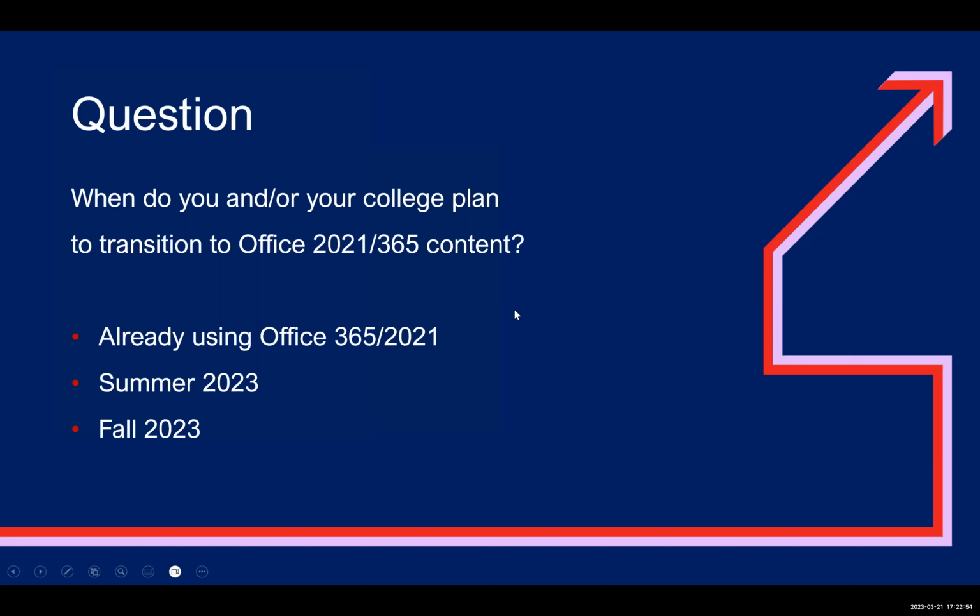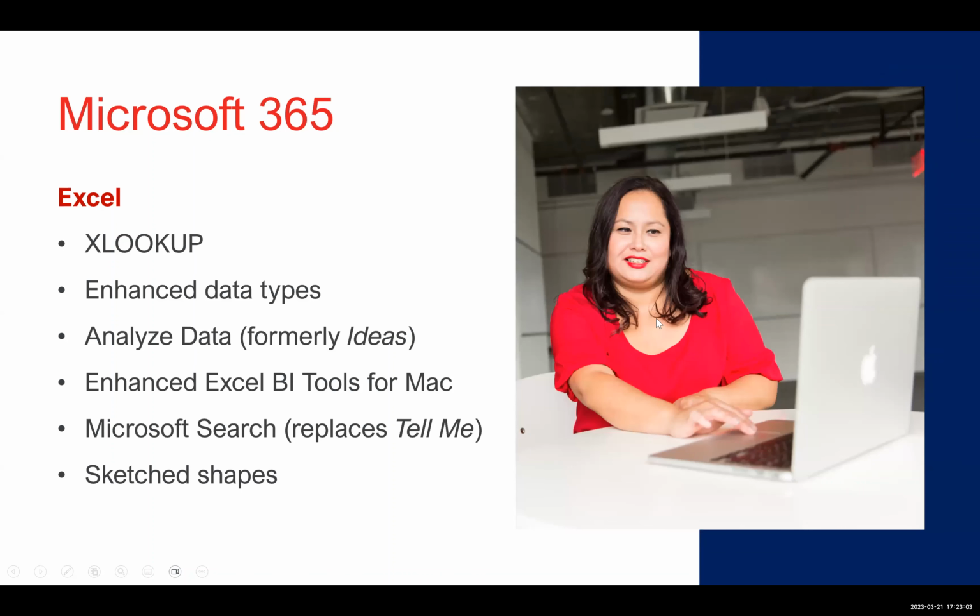So what I'm going to do is show you some of the new features that have come out in 365 in the last year or couple of years, and we'll talk a little bit about those, and then also some of the other Microsoft apps just to help with productivity. So Microsoft Excel: these are some of the new things that came out in Excel over the last year or two. XLOOKUP, huge. This is kind of a game changer. If you haven't played around with XLOOKUP, do it.